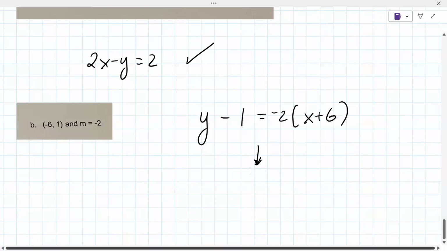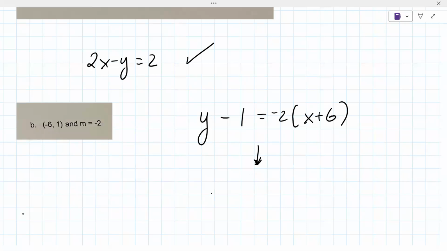Let me know what you come up with for your standard form, please. For standard form, I got... oh wait, I haven't finished standard form yet. All right.